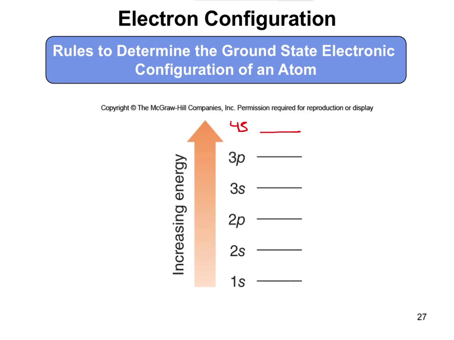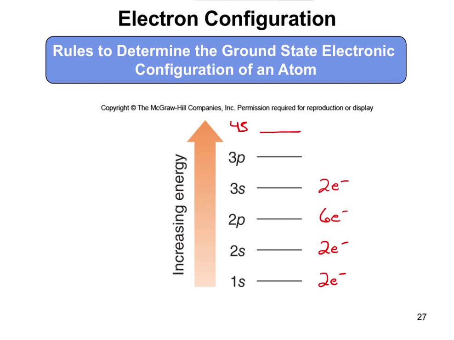So one thing I should probably add to this figure here, in 1s we can fit up to 2 electrons. In 2s we can put 2 electrons. In 2p, remember in p we have 3 orbitals, so we can fit a total of 6 electrons anywhere that we have p. Anywhere we have s, like 3s, we can fit 2 electrons.